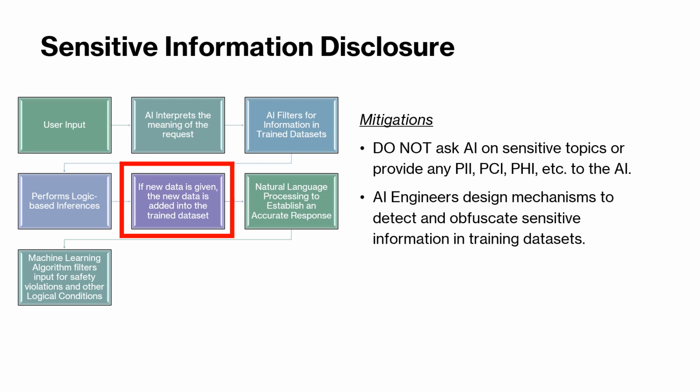The next thing is quite obvious. AI engineers could and should design mechanisms to detect and obfuscate the sensitive data. We're all human. Say we accidentally did put something up there, or you have a threat actor using a data dump that has other people's social security information on there.